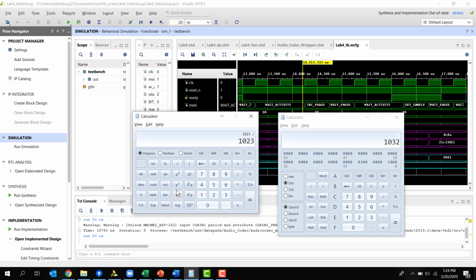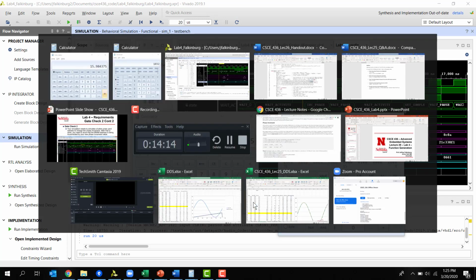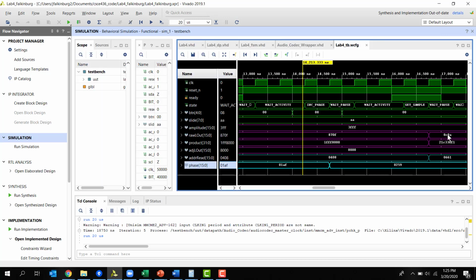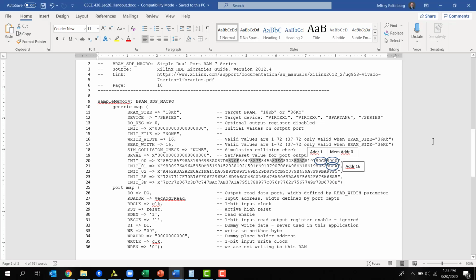Get rid of the fractional portion, divided by 2 to the power of 6, we get 15.9, and the value that we read in is 8A, which is actually value 16.